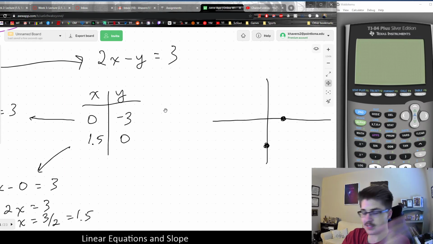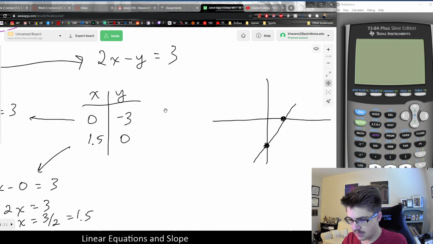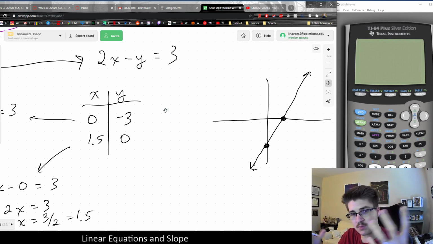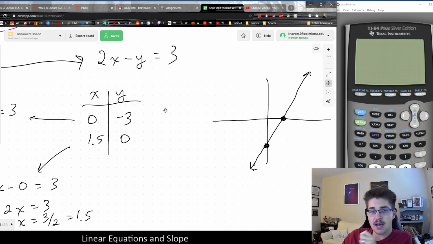So you'll notice that sometimes I'm not very careful with my graphs. You generally should be more careful than I am. But a lot of times on an exam, I'd provide you with graph paper or with a graph on the exam so that you don't have to create these from scratch.